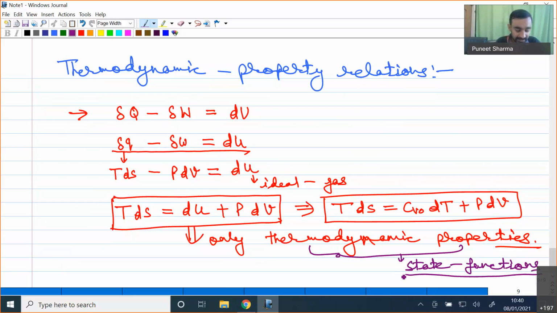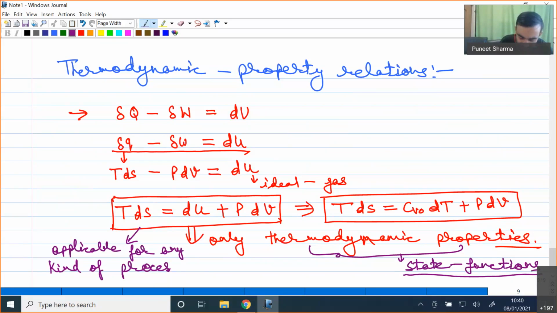It means that this equation is applicable for any kind of process, meaning whether the process is reversible or irreversible. This is a very important point which I am highlighting over here.